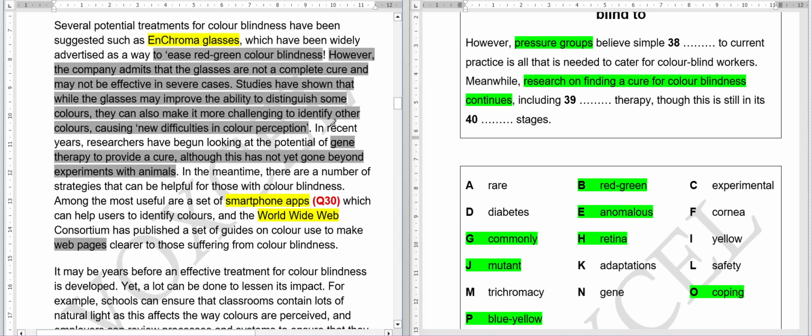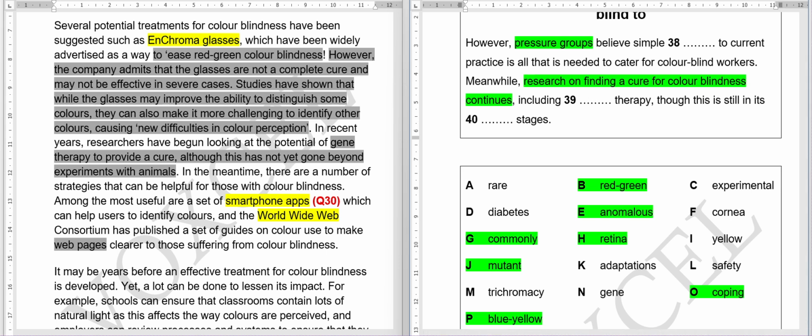To solve these two blanks, I will give you around 15 seconds in total, and your time starts now. Okay, time's up. I'm going to write the answers here first.